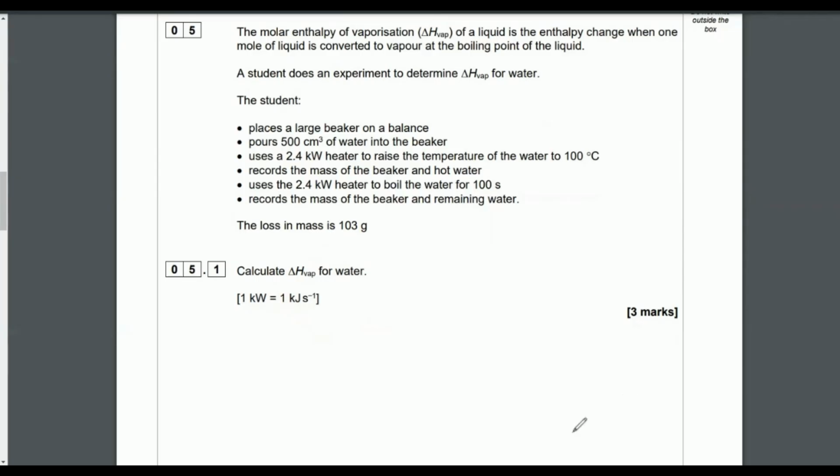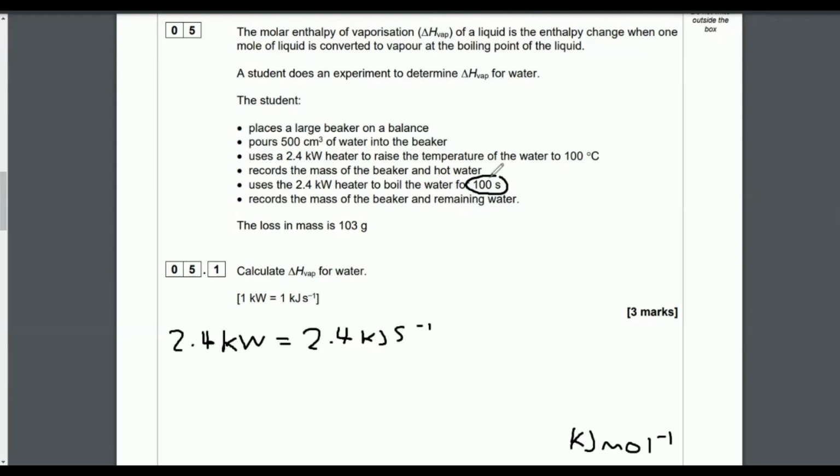All right, we're looking to work out kilojoules per mole, which means kilojoules divided by moles. So let's work out the kilojoules. We've got a 2.4 kilowatt heater, and 1 kilowatt equals 1 kilojoule per second. So we know we were giving out 2.4 kilojoules per second. How long did we do it for? We did it for 100 seconds.